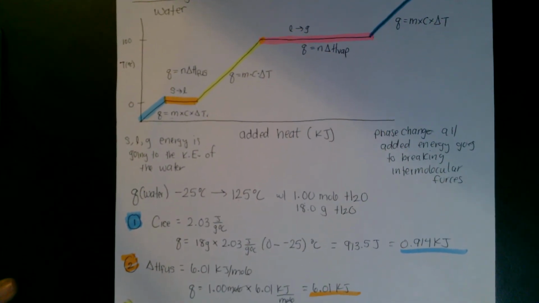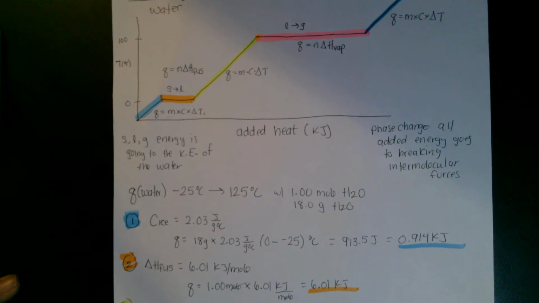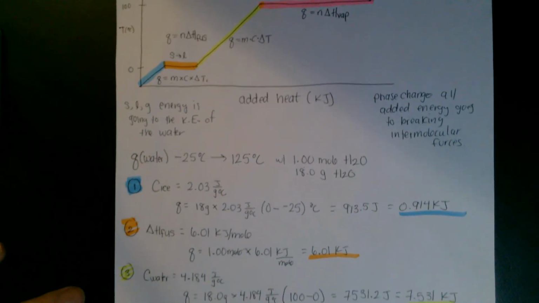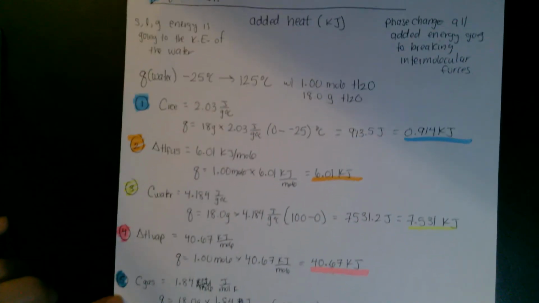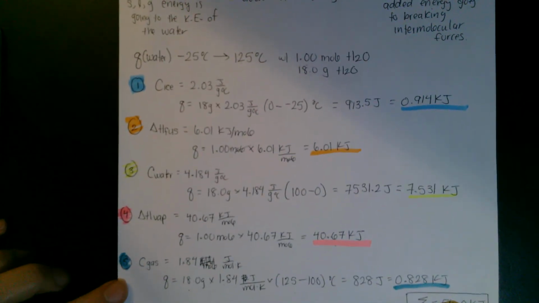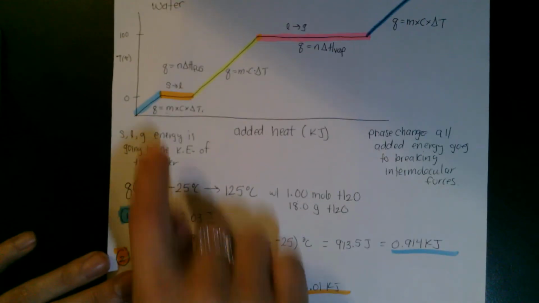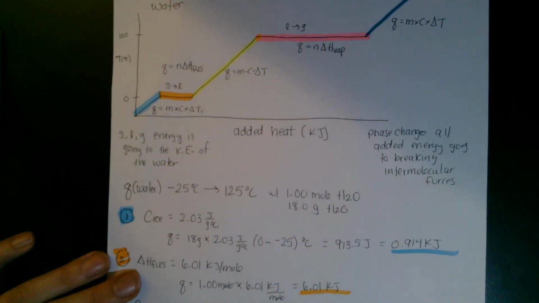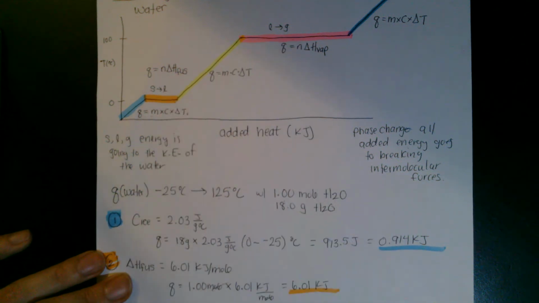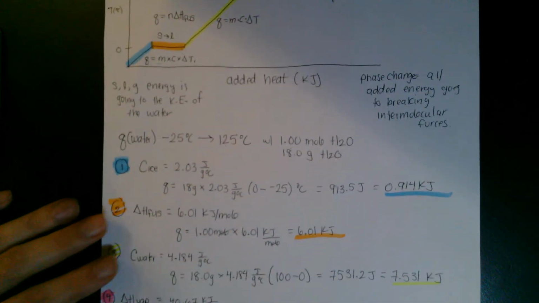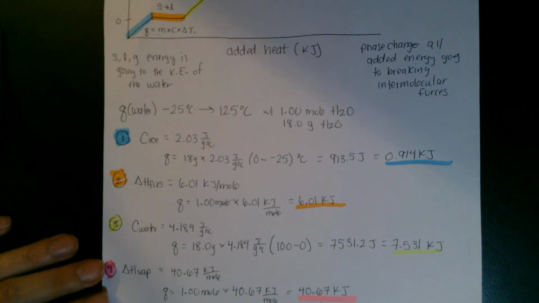So again, we had those 5 steps all color-coded there. And we calculated each one of those 5 steps differently, with our more vertical regions using Q equals MC delta T, and our flatter regions using enthalpy of vaporization and enthalpy of fusion.